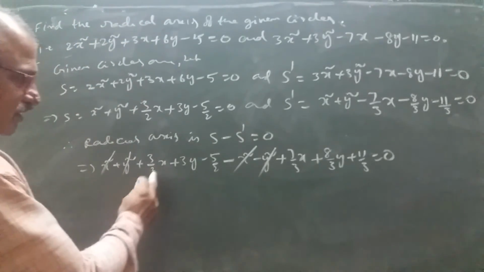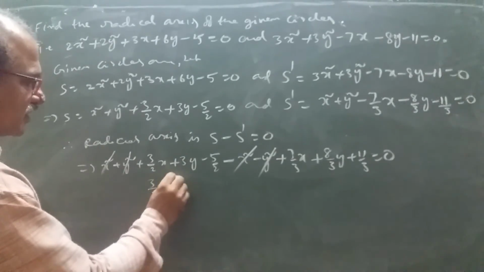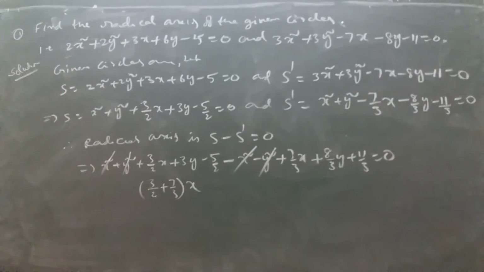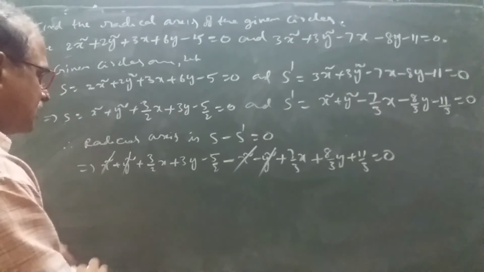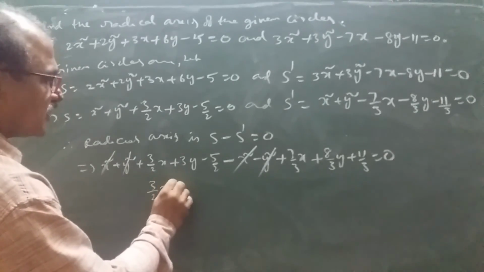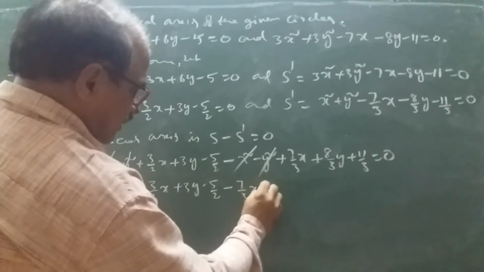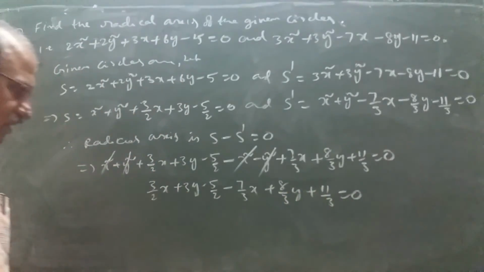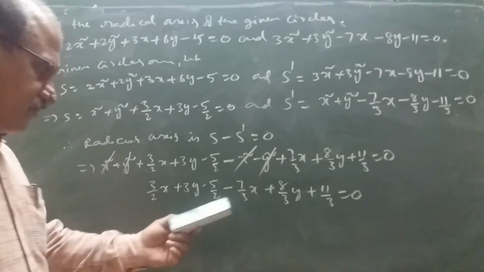That means x into 3 by 2 plus 7 by 3, taking the remaining, plus 3y plus 8 by 3y, minus 5 by 2 plus 11 by 3 equal to 0. Now find the LCM of the denominators. LCM is 6.